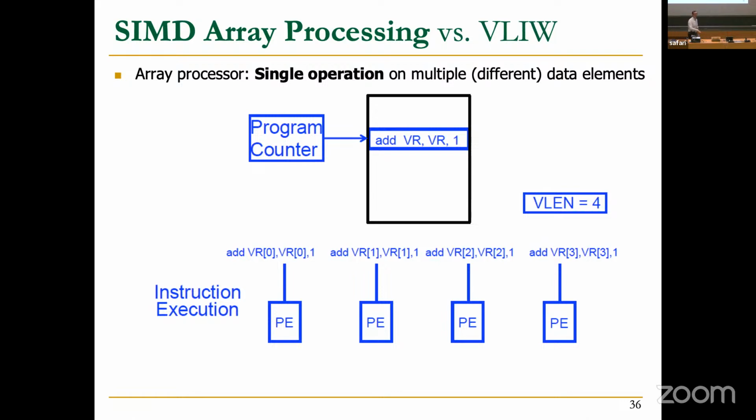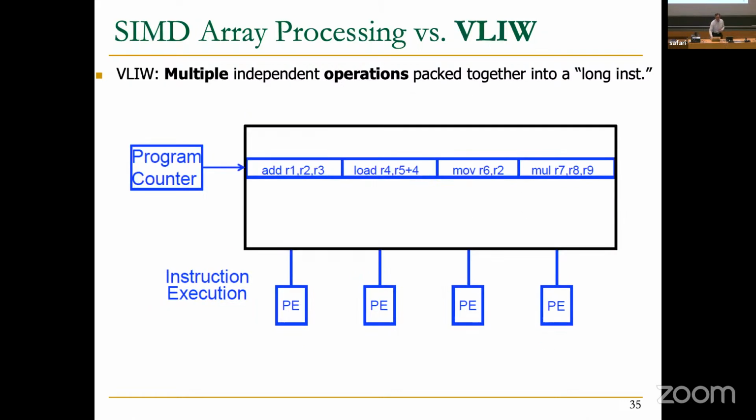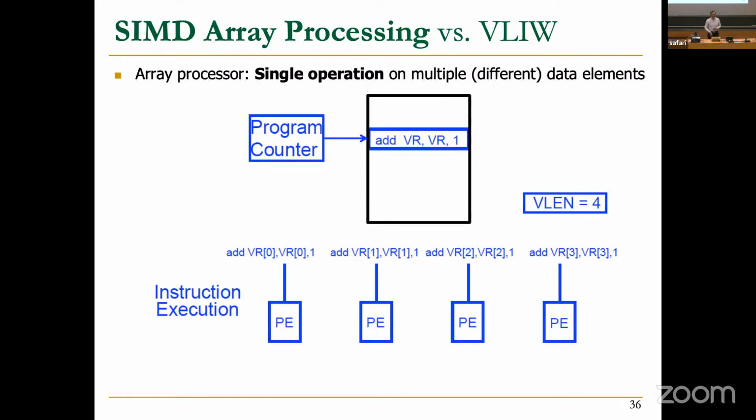In the first case, in VLIW, the compiler guarantees that these are semantically independent. In this case, again, the compiler or the programmer guarantees that these are operating on different data values, right? So in this sense, they're similar, in the sense that they're doing multiple operations per cycle, except the relationship between the operations in this case is you're doing the same, single operation on multiple different data elements.